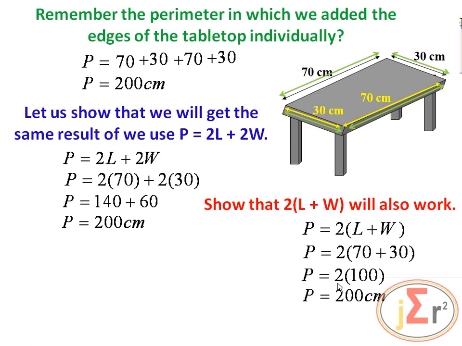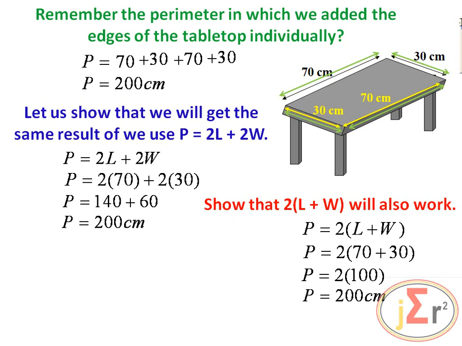Whenever we have a number preceding a pair of brackets in which we have the other one enclosed without any sign, the sign we are assuming has to be multiplication.